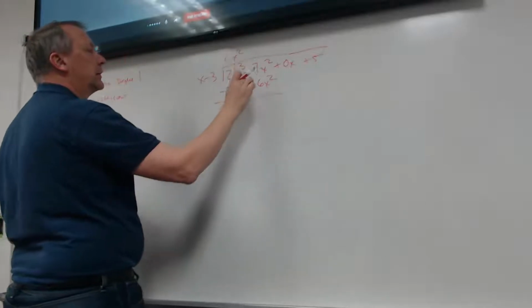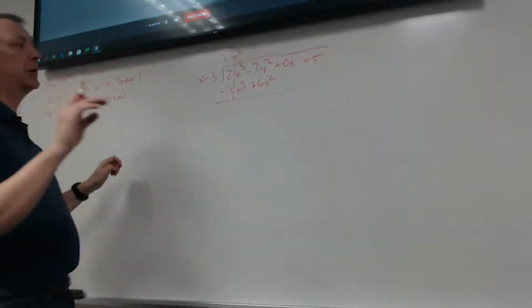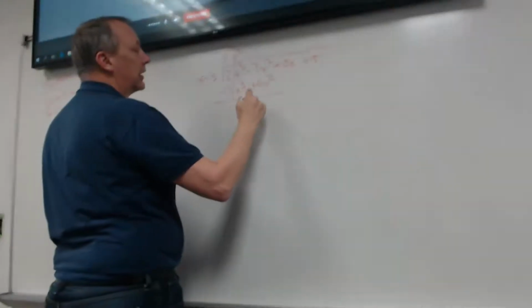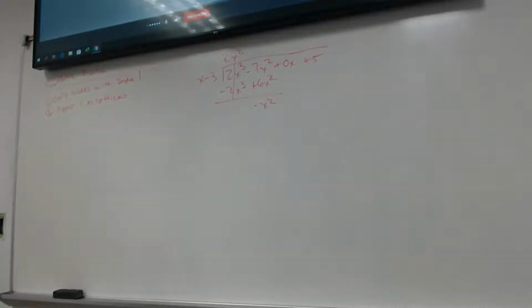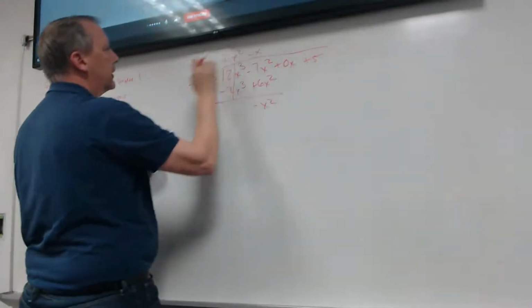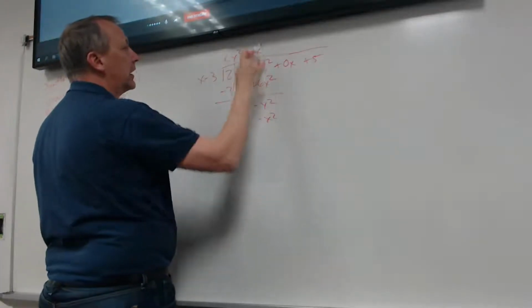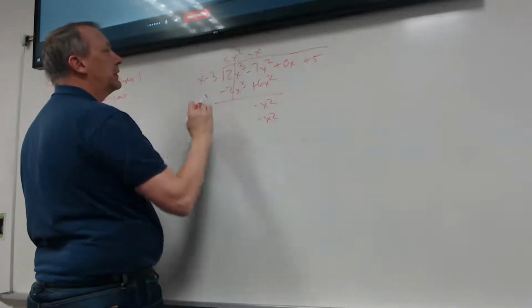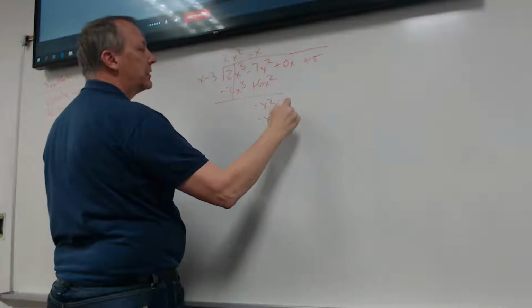Now we'll change our signs, and that's going to go away. Negative 7x squared plus 6x squared is negative x squared. Does x go into negative x squared? Negative x. Negative x times x is negative x squared. Negative x times negative 3 is positive 3x.